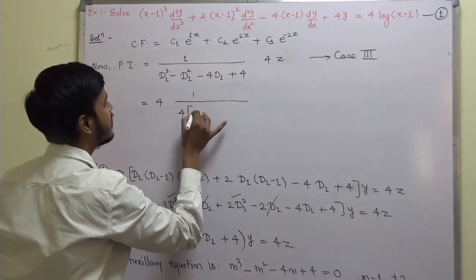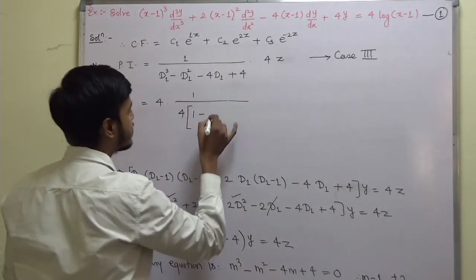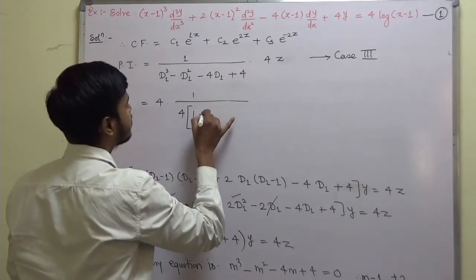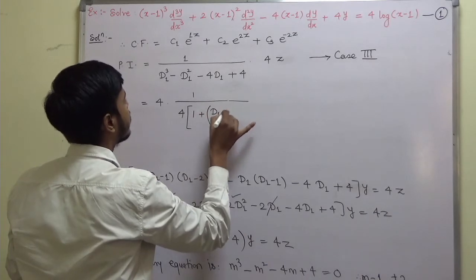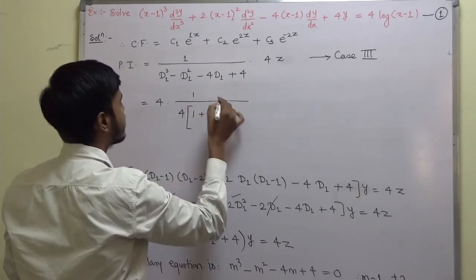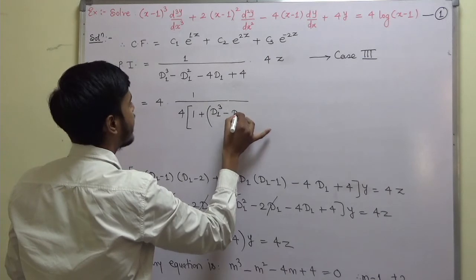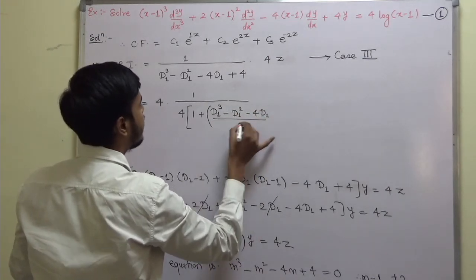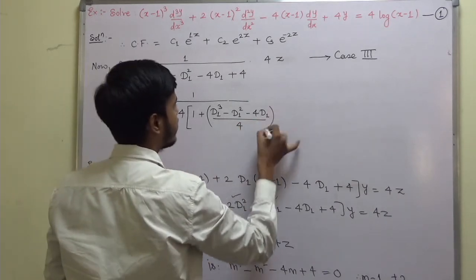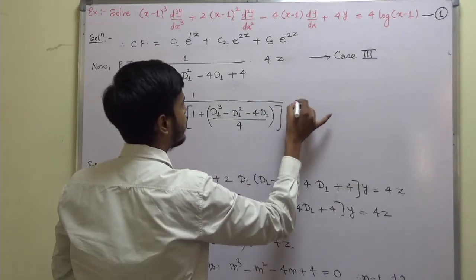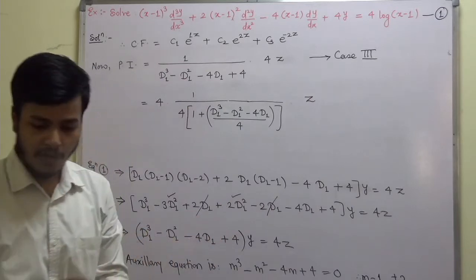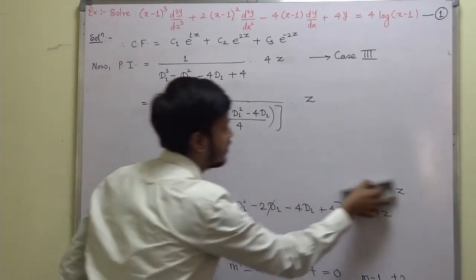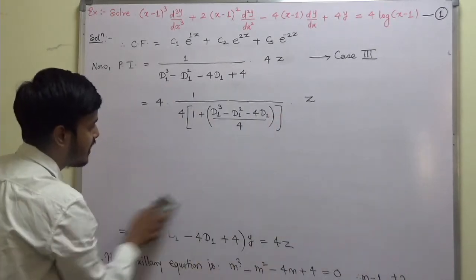So I remain with 1 upon 4 common, 1 plus (D1 cube minus D1 square minus 4 D1) by 4, into z. Now you just take this to the numerator.